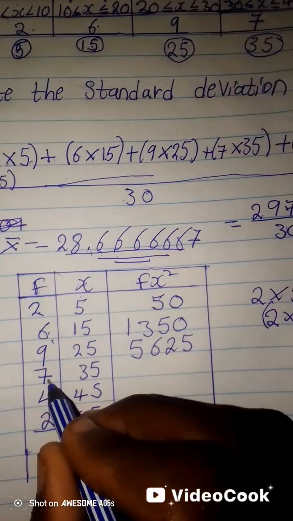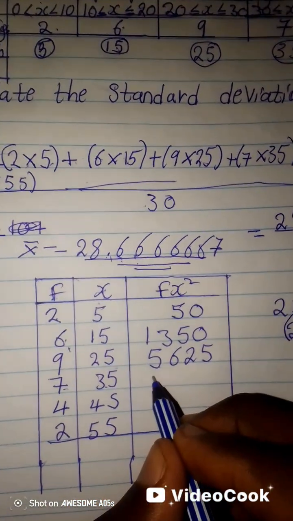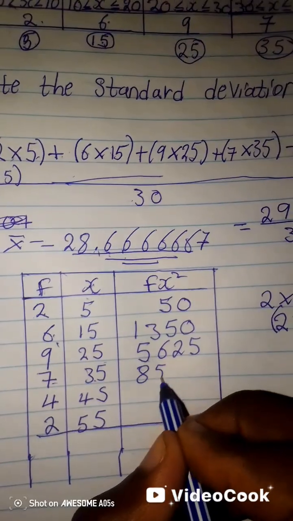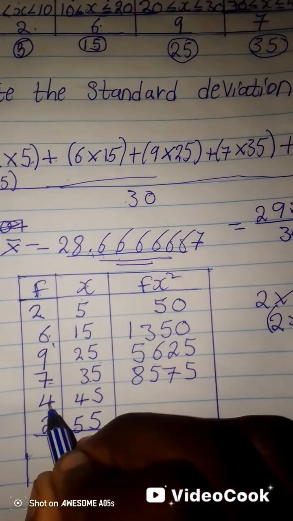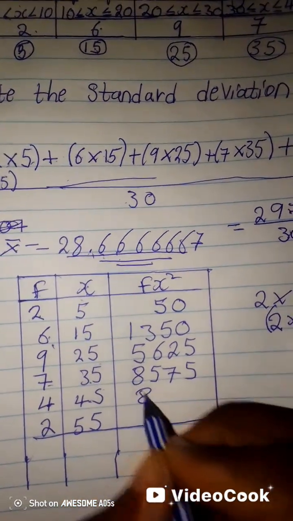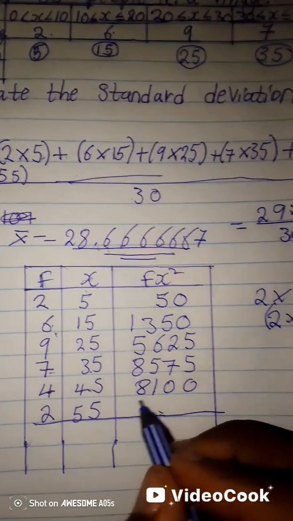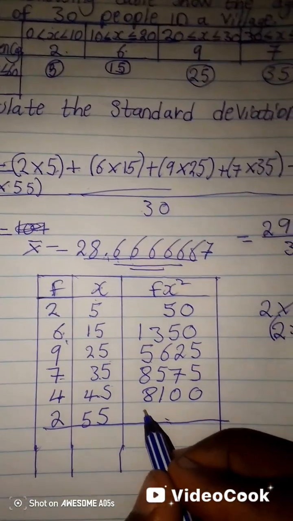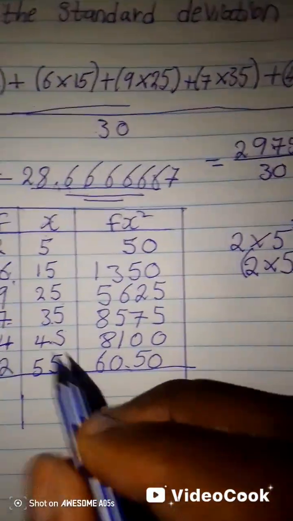When you multiply 7 by 35 squared, you are getting 8595. When you multiply 4 times 45 squared, you are getting 8100. When you multiply 2 by 55 squared, you get 6055.